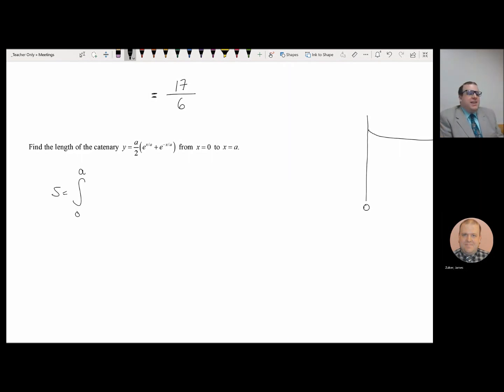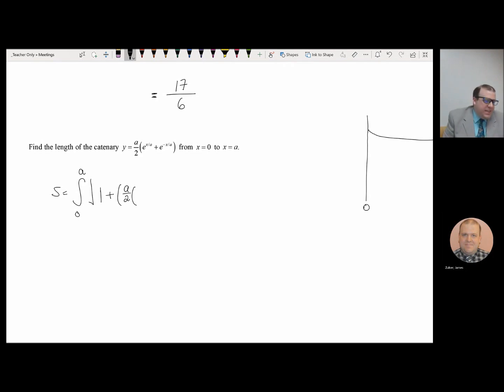Integral from 0 to a, square root of 1 plus the derivative of our function. Well, that a over 2 is a constant, so that can come out.